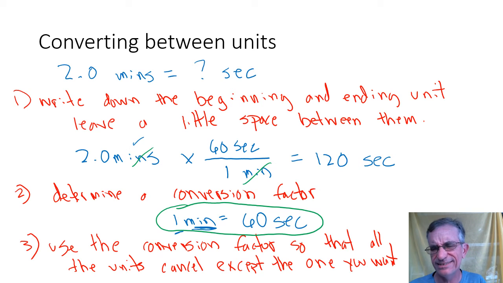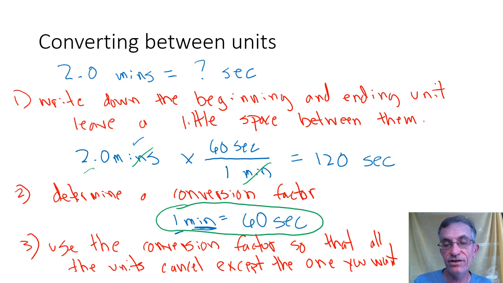So really the way this is always going to work out is however many sig figs I gave you in your beginning number, that's how many you're going to give me in the answer. Conversion factors are exact numbers. So what that means is we ignore them for rounding purposes.